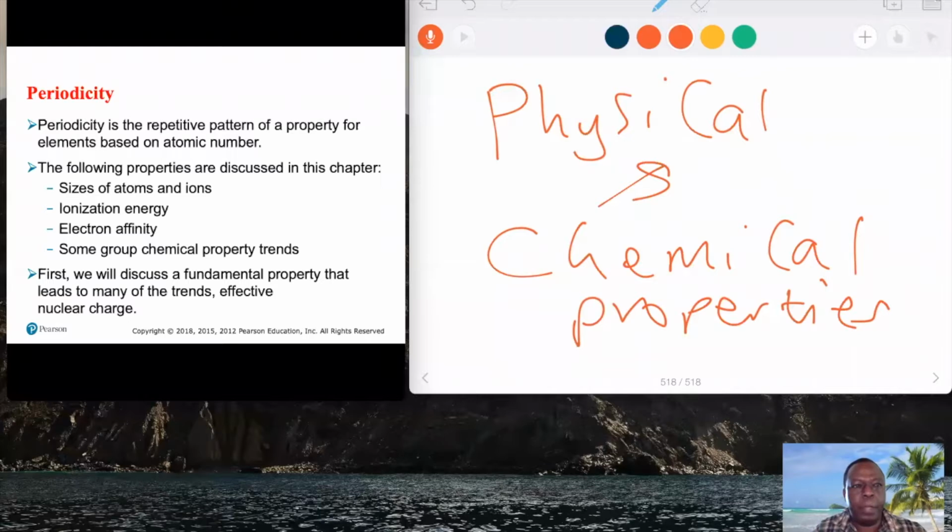Now, the term periodicity is when those elements are arranged from left to right on the periodic table, there are some recurring patterns in terms of chemical reactivity and physical properties. We call this repeating pattern periodicity.